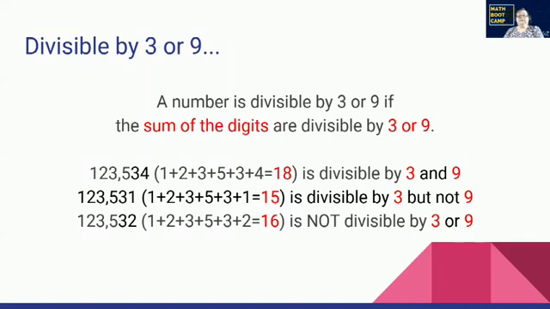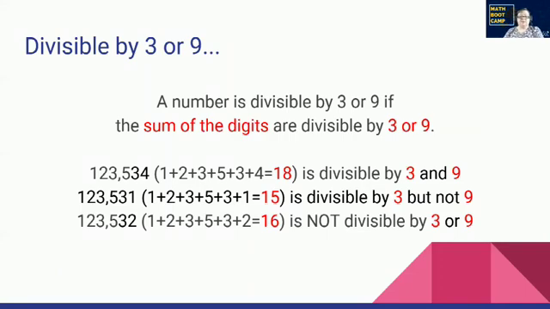Now, 3 is a very simple rule, but a very different rule. If the sum of the digits in a number is divisible by 3, then the whole number is divisible by 3. So what I have to do here is take these digits, treat them as separate numbers, and add them up. So 1 plus 2 plus 3 plus 5 plus 3 plus 4 is 18.